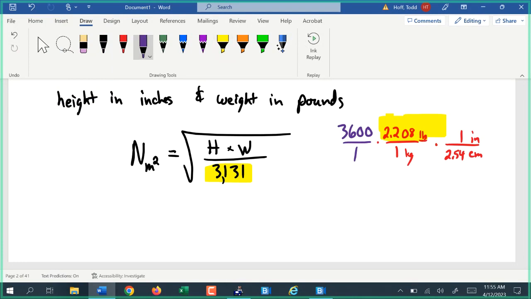So anyway, let's do an example. For this example, I'm going to look at a patient who has a height of 71 inches and a weight of 168 pounds.